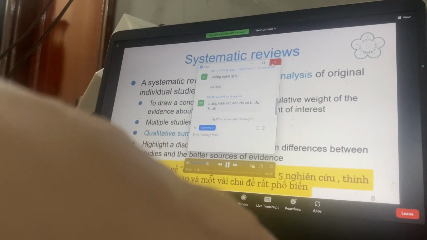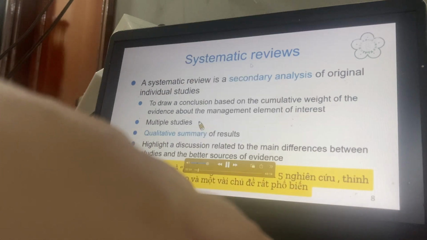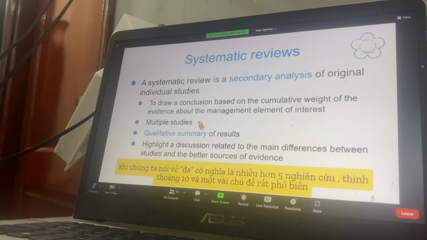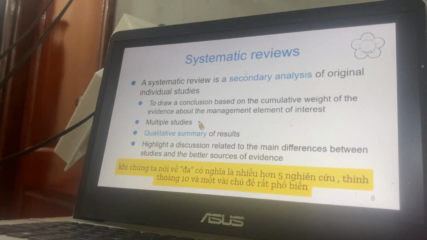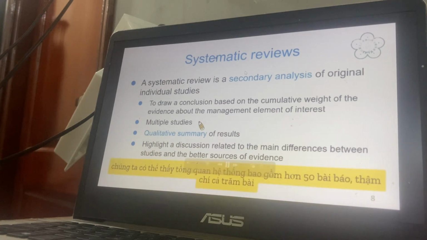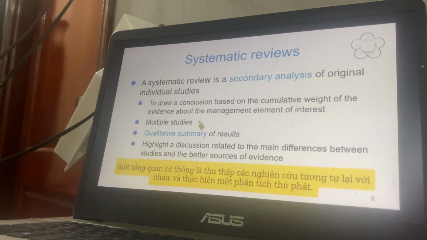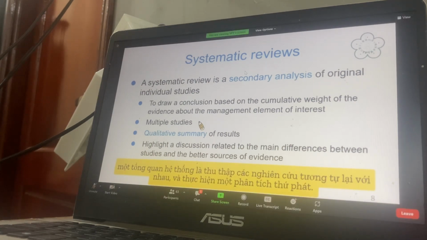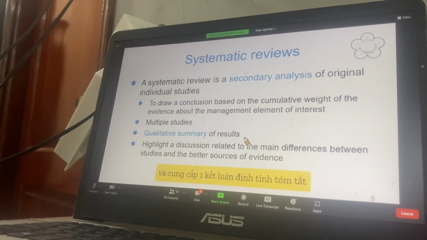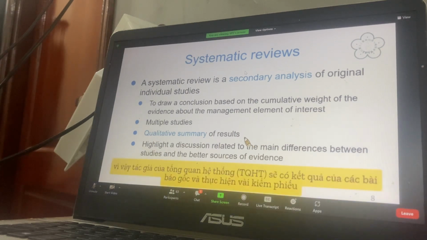When we talk about multiple, we are talking about more than 5 studies, sometimes 10, and in some topics that are really popular, we might see a systematic review that included more than 50 articles, even hundreds. A systematic review is to gather those studies together with a similar topic, conduct a secondary analysis, and provide a qualitative summary of the result.